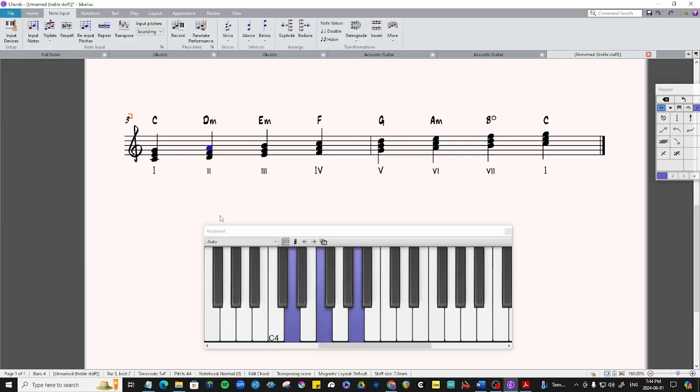But for now, C major. When you go to the 2 chord, it's going to be a minor, D minor. The 3 chord is going to be a minor. The 4 chord is going to be a major. The 5 chord is going to be a major. The 6 chord is going to be a minor.